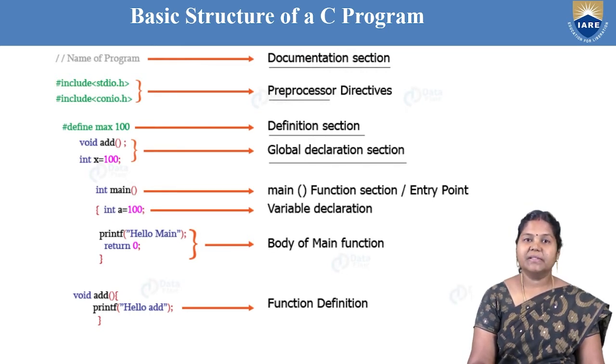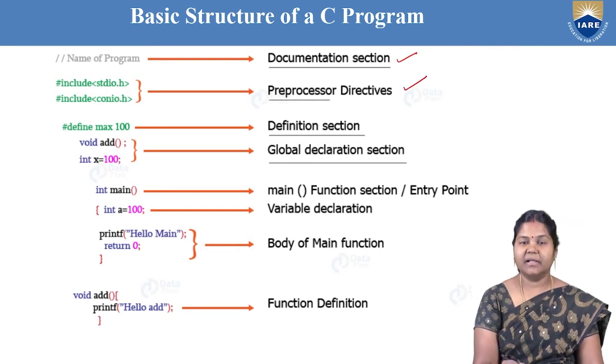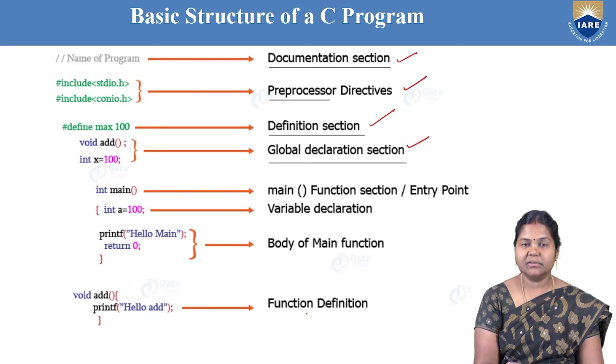Now, coming to the basic structure of the C program, in this example, the documentation section is there, which is optional. Then preprocessor directives are there, as and when required, you need to write. And then there is a hash define section, which is also a preprocessor directive. Then followed by some global variables and global declaration of functions, if you want.